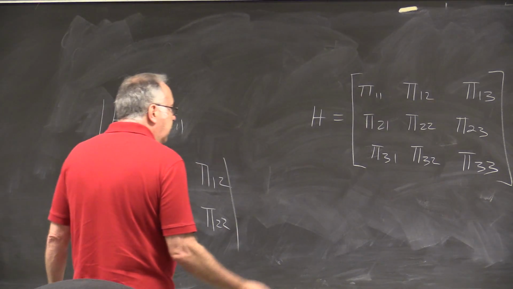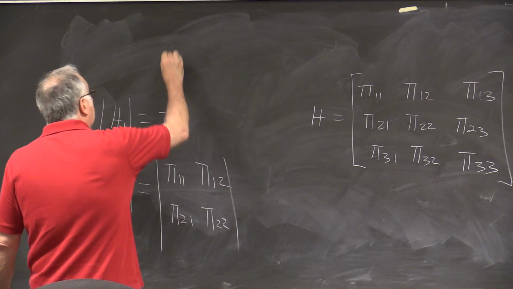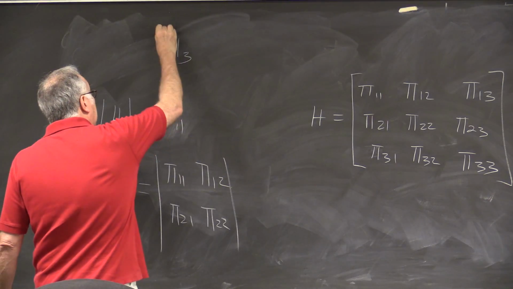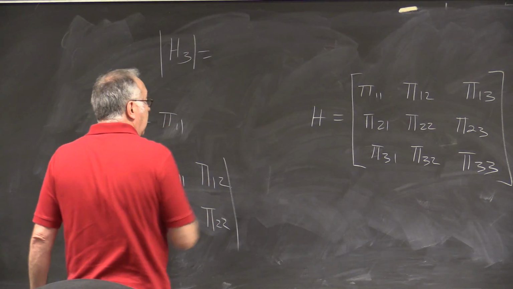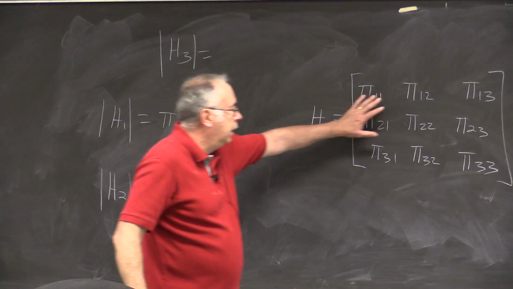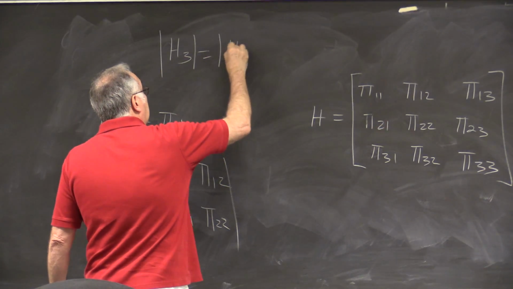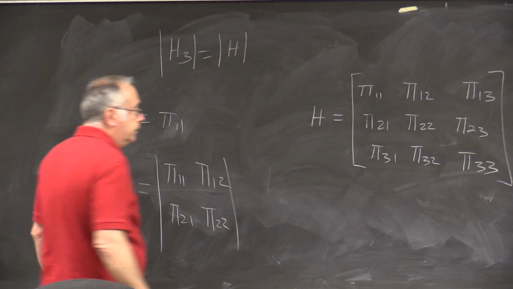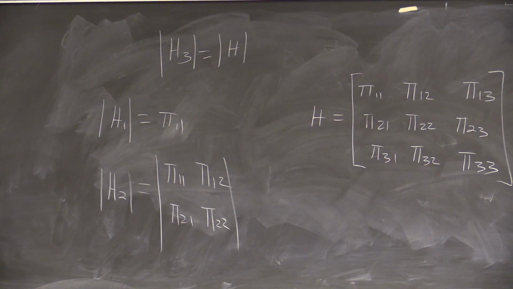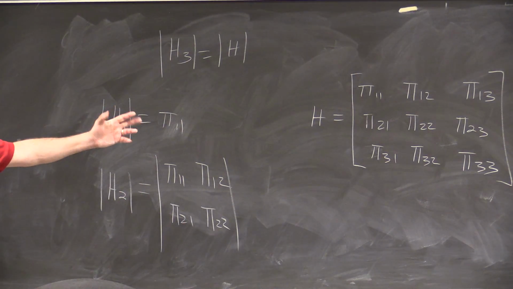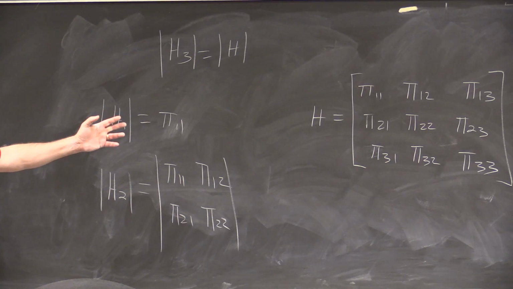And then H3 is the determinant of the whole thing. Okay, just the determinant of this whole thing. I'll just put H here. I've already written it. Okay, so you got to get all these second order derivatives. Figure out what H is.